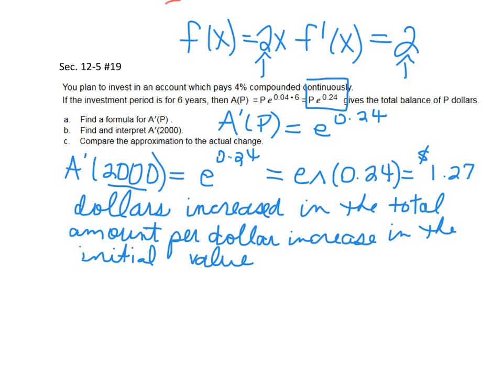The next question says to compare the approximation to the actual value. So since we're talking about the approximation, what we would want to do is find not A prime, but A of 2000 and subtract it from A of 2001.